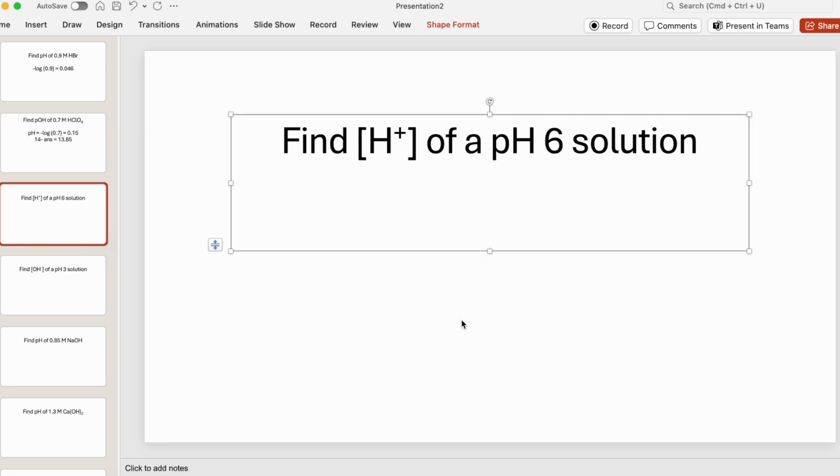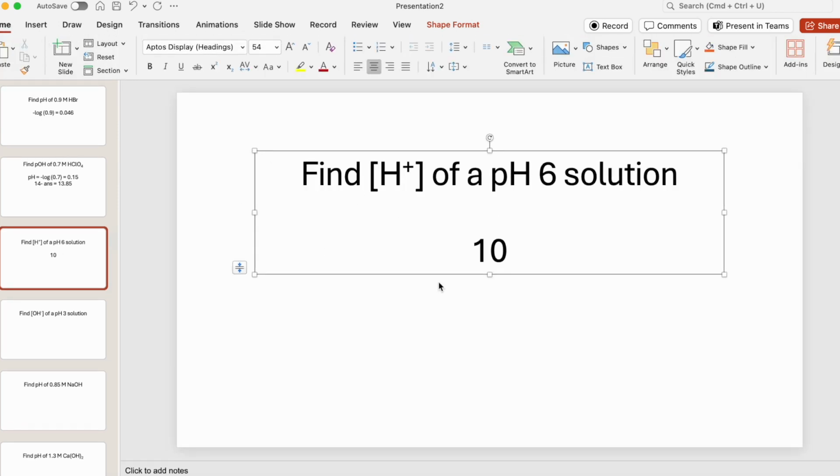We're going to find the H+ concentration of a pH 6 solution. So using the equations we have 10 to the negative pH. On your calculator, it's 10 caret negative pH, so negative 6, and that's just going to be equal to 1 times 10 to the negative 6th.